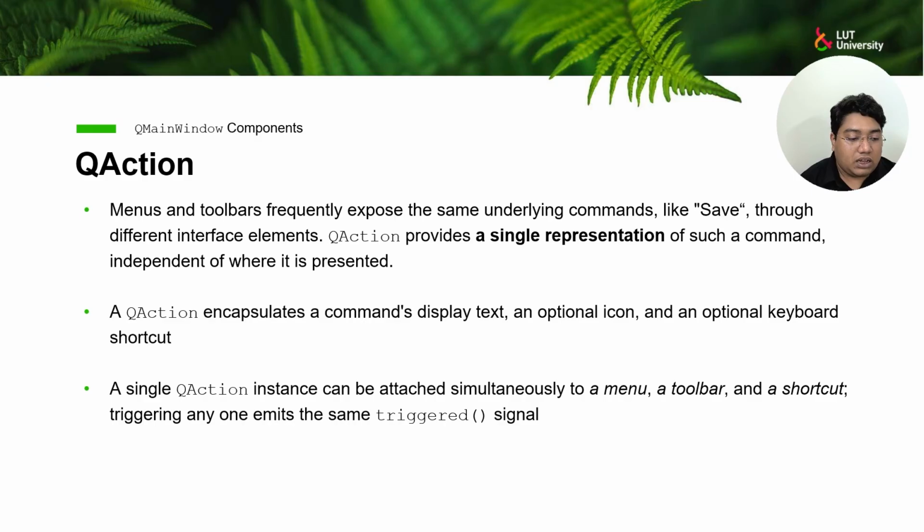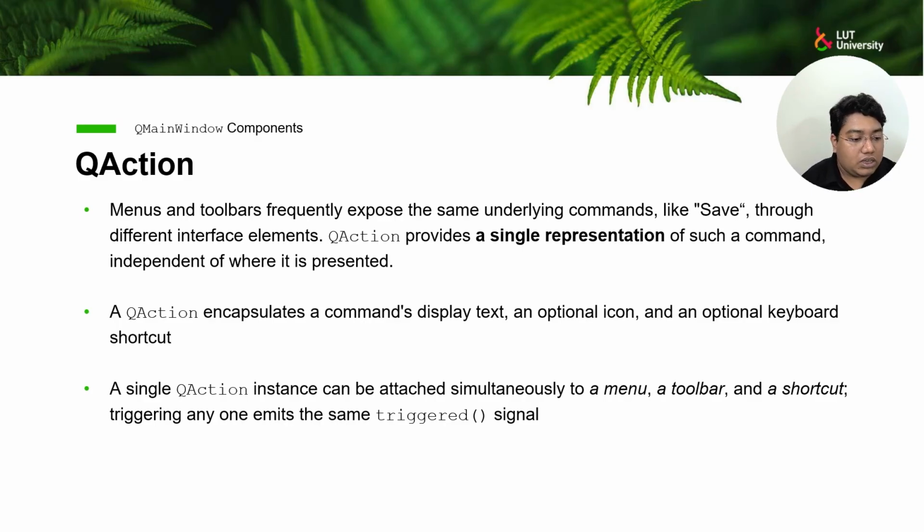QAction represents a command. It's not a button, it's not a menu item, it's the command itself. It stores information like the display text or an optional icon or even keyboard shortcuts. Then we simply attach that same action wherever we want it to appear. The file menu can use it, the toolbar can use it, the keyboard shortcut can also trigger it.